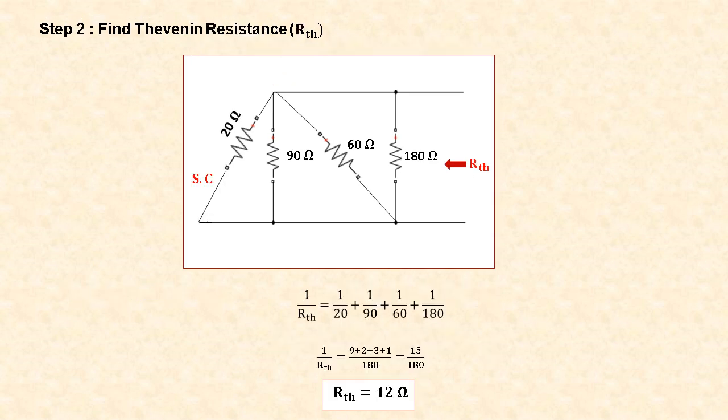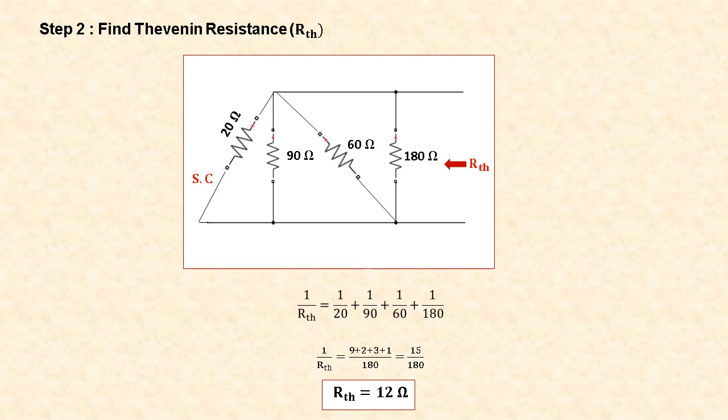The next step is to find the Thevenin's resistance. For this, we have to remove the load resistor and short circuit the voltage source. Short circuit means at that terminal voltage is 0. Now all the resistors are in parallel. So the equivalent resistance can be calculated by 1/RTH is equal to 1/20 plus 1/90 plus 1/60 plus 1/180.